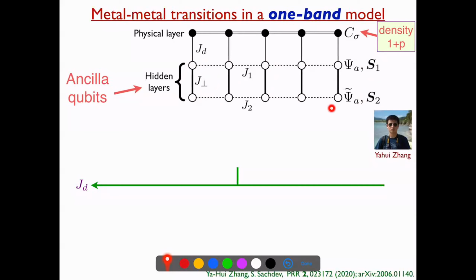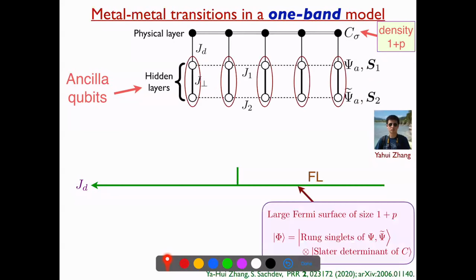So in particular, the simplest state you might imagine, when J_D is very small, this coupling between the physical layer and the hidden layers, is that these spins just form their own singlets. So this is like we haven't done much at all. These two states have formed singlets. And then the physical layer is just free electrons.